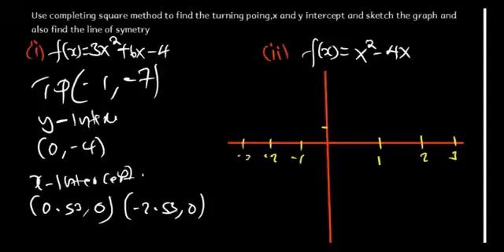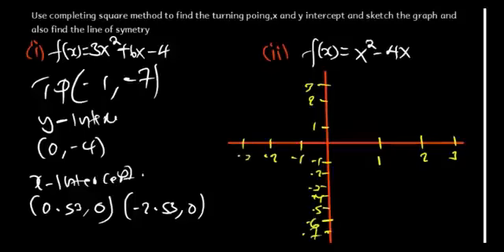So we have 1, 2, 3 and here we're going to have negative 1, negative 2, negative 3, negative 4. Because the turning point is at negative 7, I need to go all the way to negative 5, negative 6, negative 7 here.